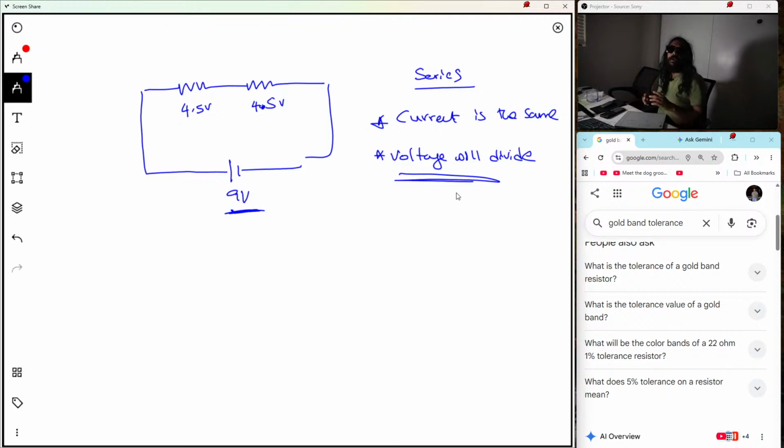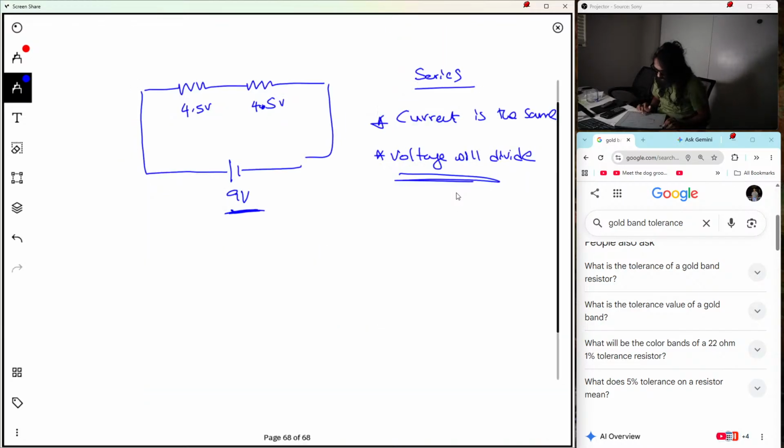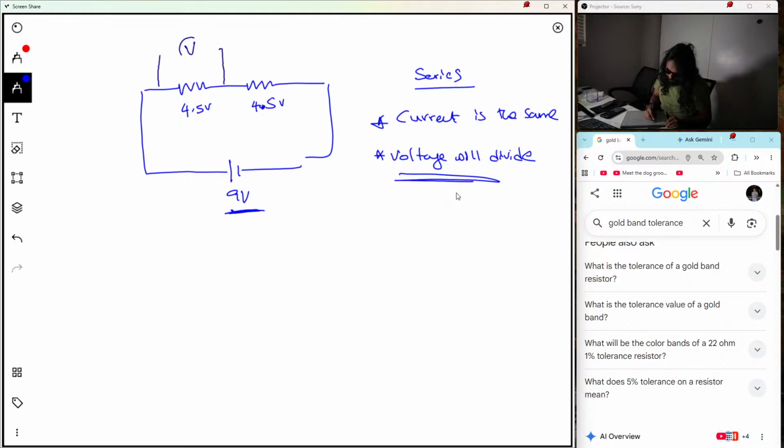So unlike the ammeters, voltmeter should be connected in parallel. Remember that this is very important, right? So if we need to measure the voltage, you should probe this device by using a voltmeter like this, right?